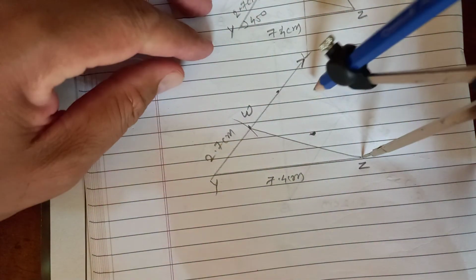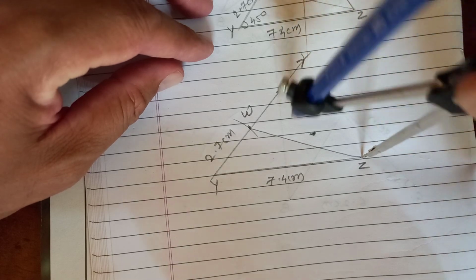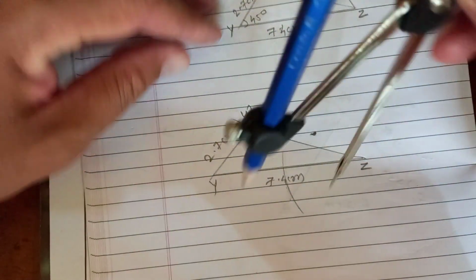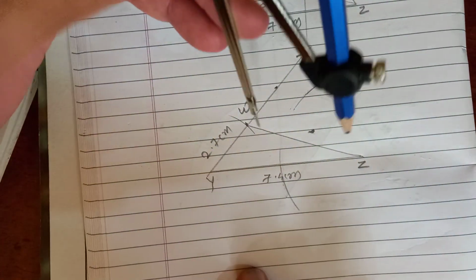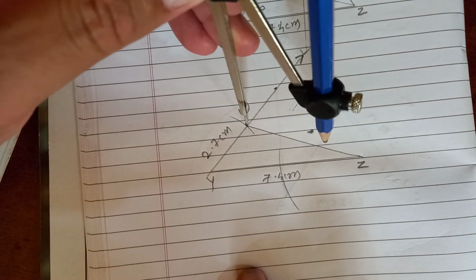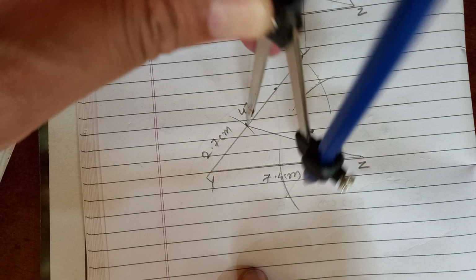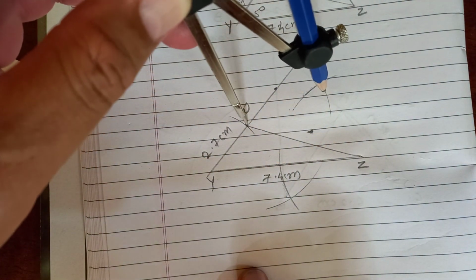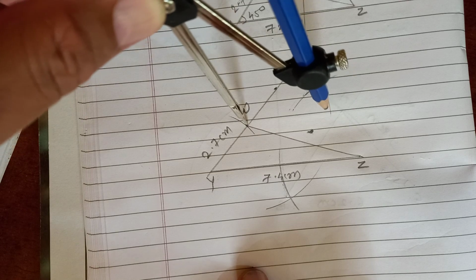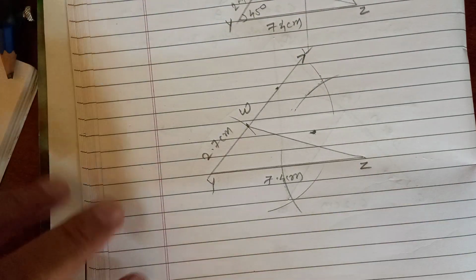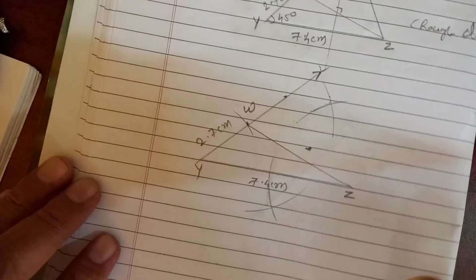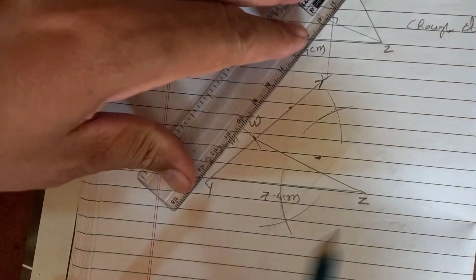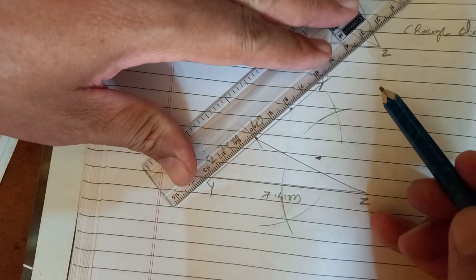Okay, this side one arc, this side one arc. Then from the point W, draw another two arcs which intersect this. Oh, this is big then. It goes upside, so you have to extend this ray, because this perpendicular bisector goes this way now.